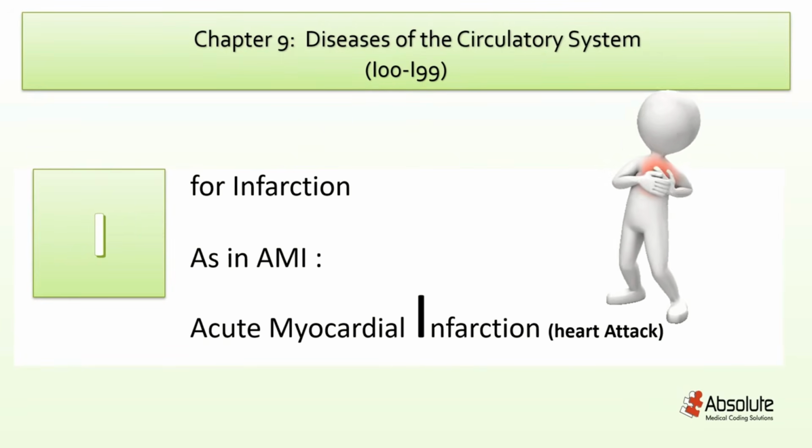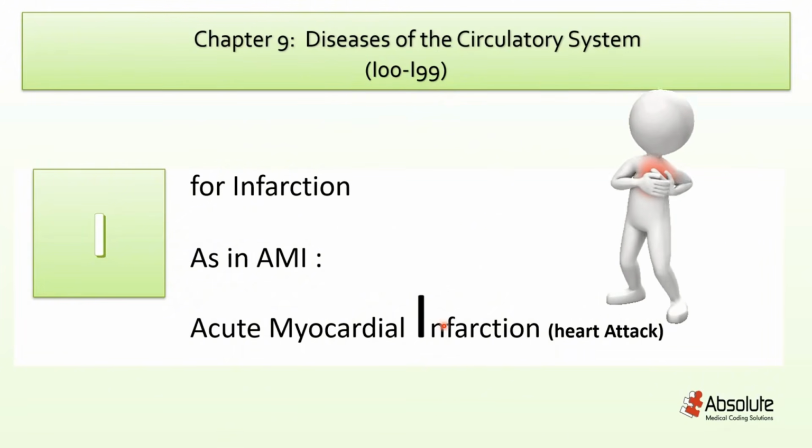Chapter 9, circulatory conditions all begin with the letter I. When you think of circulatory heart stuff, think of I, as in acute myocardial infarction like heart attack. I, diseases of the circulatory system, and the code series is I00 through I99.